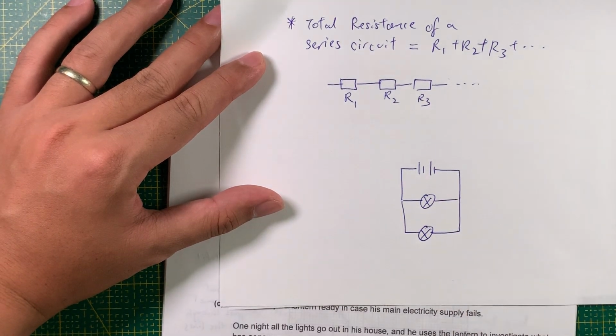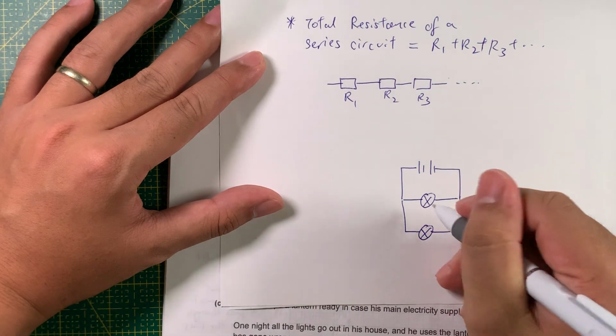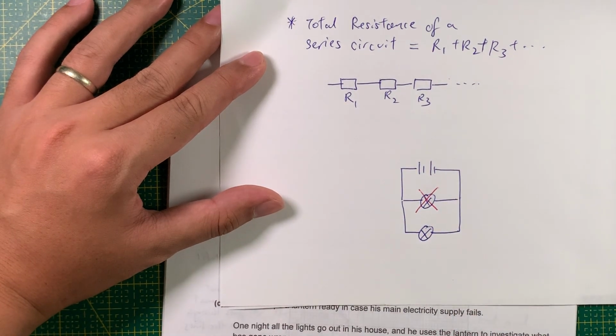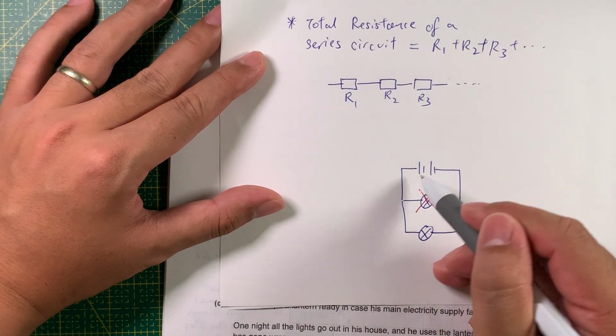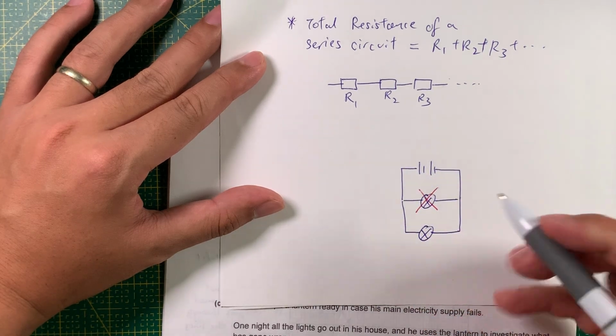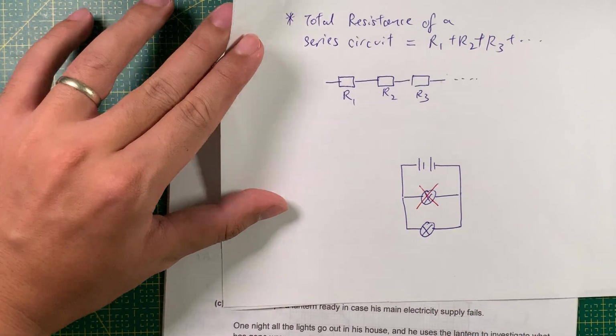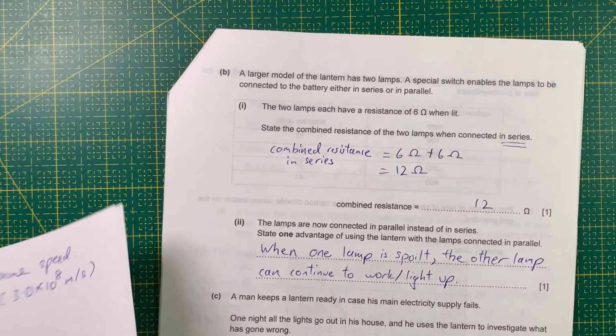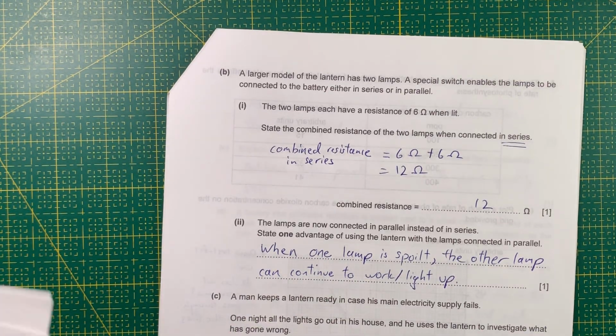In a parallel circuit such as this, if one of the lamps is not working, the other lamp can continue to work because it's still a closed loop. This is the benefit of the parallel circuit.